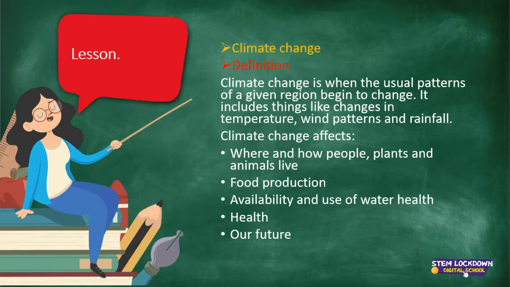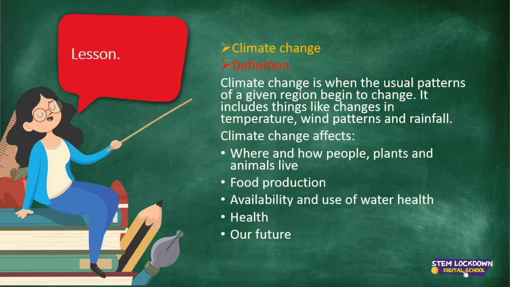So if we don't take care of our vegetation, we don't take care of our animals, then we are simply not seeing how important our lives are, because if everything like climate change gets ruined, if our climate changes and everything else changes, then we won't be able to survive.